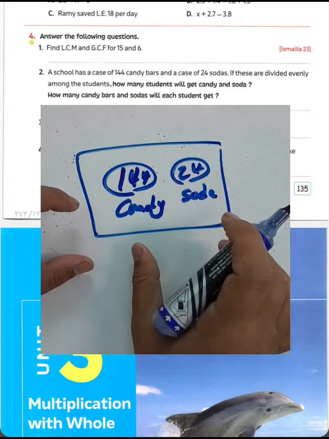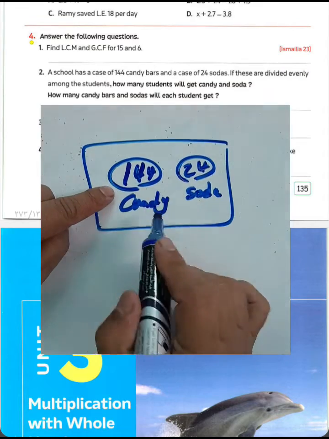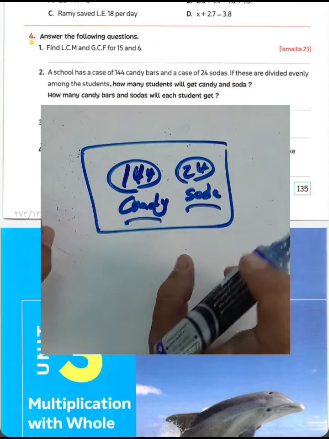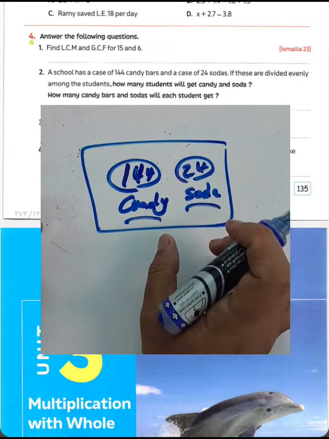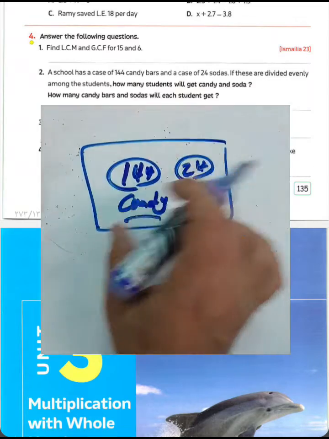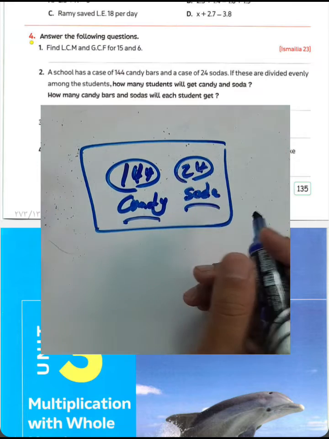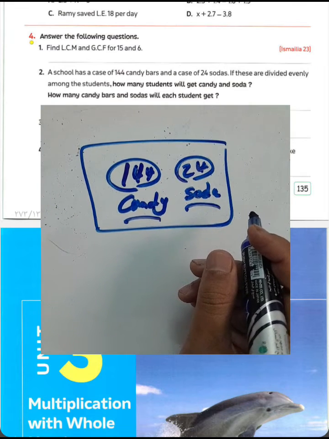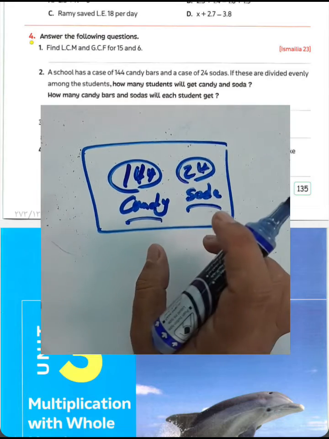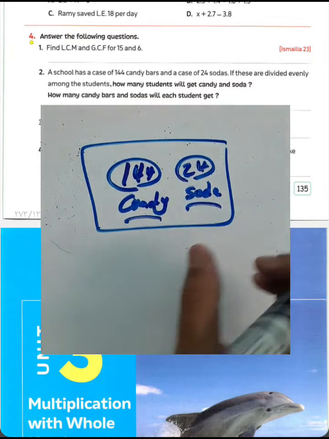Okay, in the canteen of your school you have 144 candies and 24 sodas. Pay attention to this example. If these are divided equally among the students, we want to divide 144 candies and 24 sodas to all students in the school. How many students will get candy and soda together?